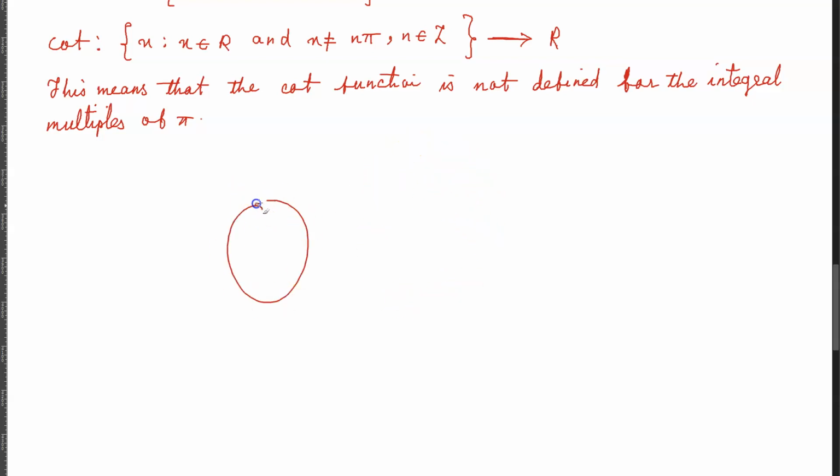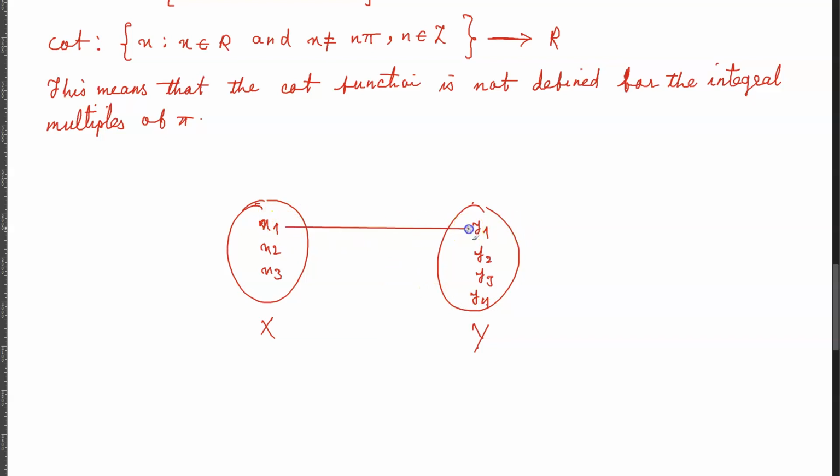For example, let's say you have some set X over here and some set Y over here, and you have x1, x2, x3, and y1, y2, y3, and y4, right?